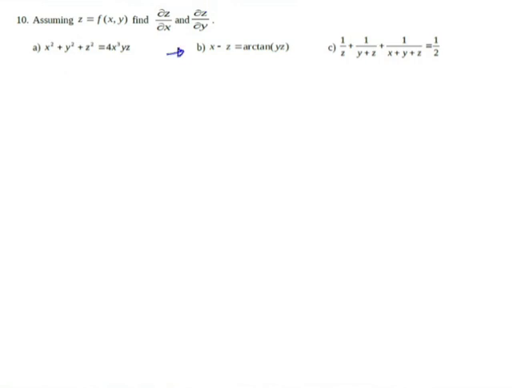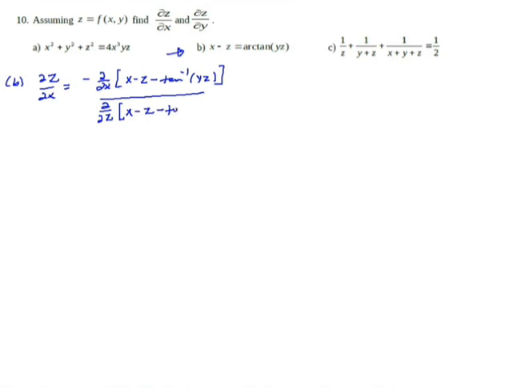Going to part b, the partial derivative of z with respect to x is the same as the negative of the partial derivative of the equation x minus z minus tan inverse of yz over the partial derivative with respect to z of x minus z minus tan inverse of yz.